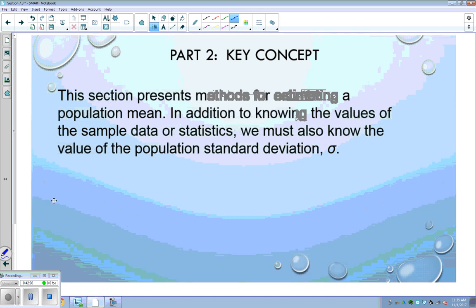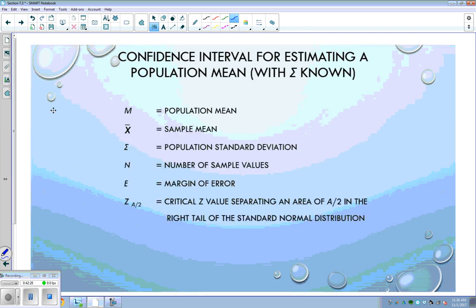So this section presents methods for estimating a population mean from the values of the sample data, where we also know the population standard deviation. So that's if I know the population standard deviation. You already know all of those.